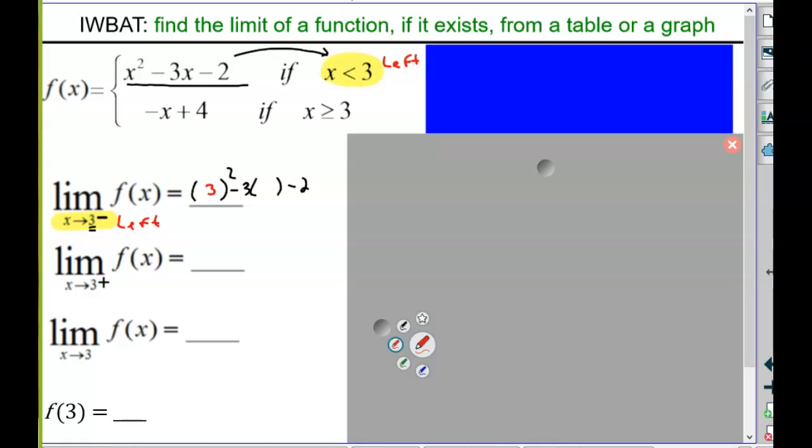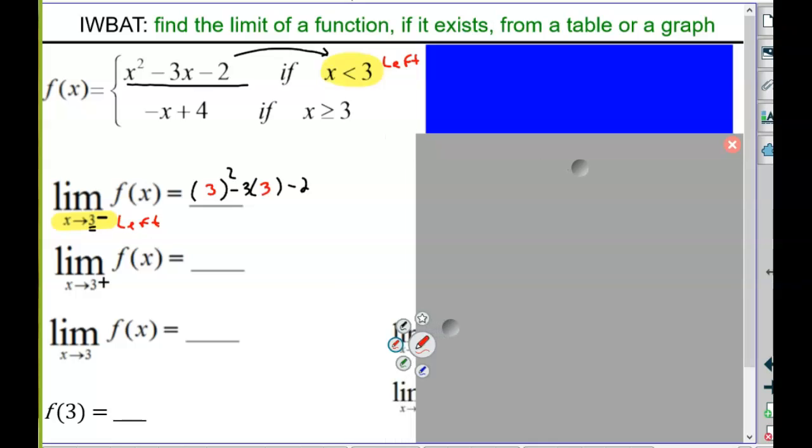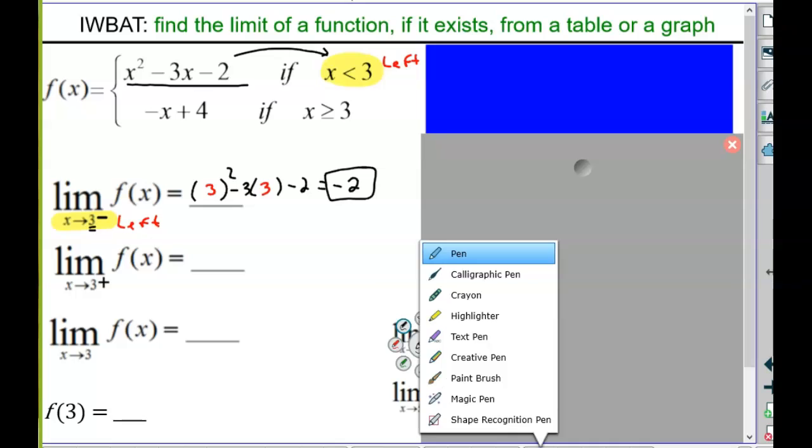And notice, it's not a negative 3. That negative, we're going to have a negative in front. The negative that's there refers to the left-handed limit. So we're just going to plug in 3 and then evaluate. What do we get? We get 9 minus 9 minus 2. The left-handed limit is negative 2. Nothing super crazy, it's just plugging it in.